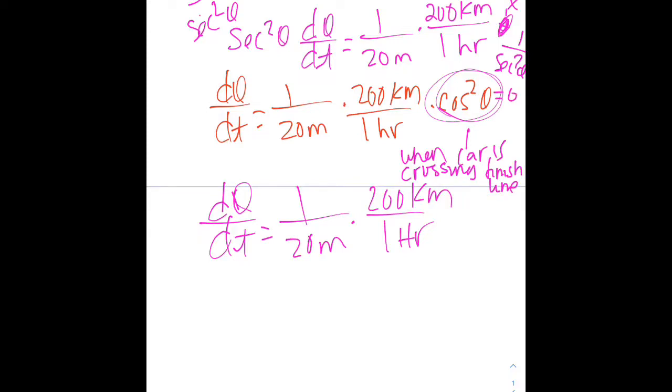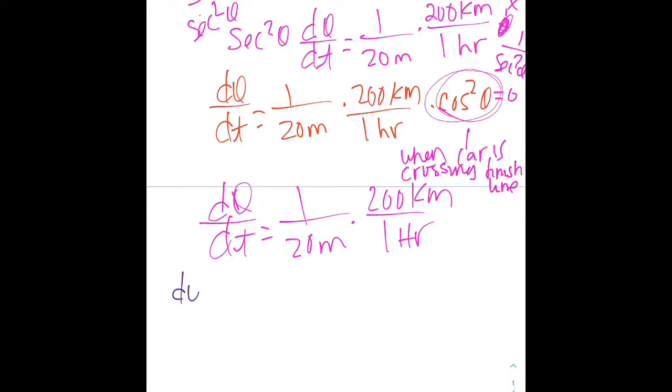Theta is equal to 0, causing the cosine at 0 to be 1. The rest of this is unit analysis. We want to get in radians per second. All right, so here we go.